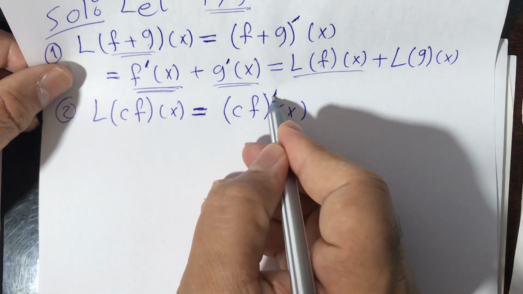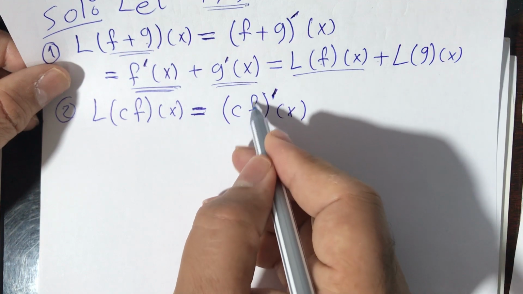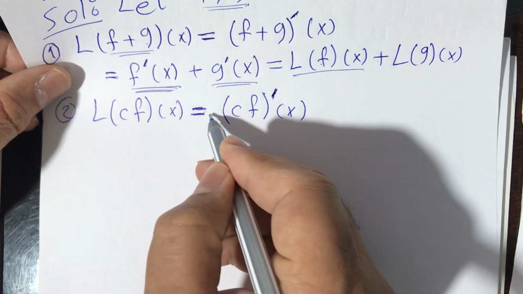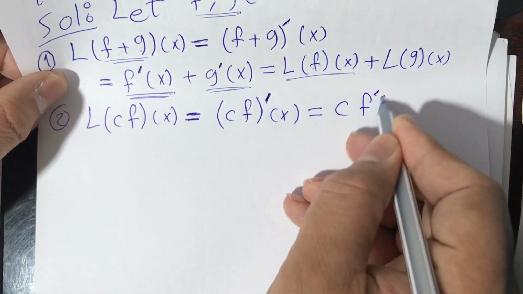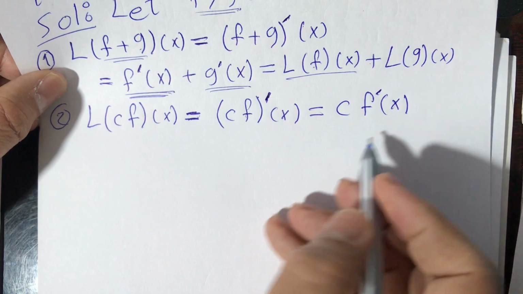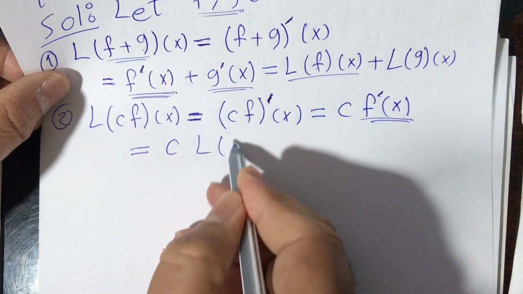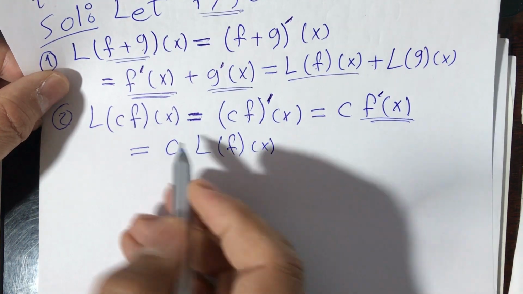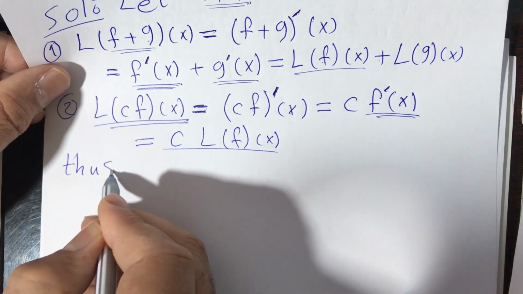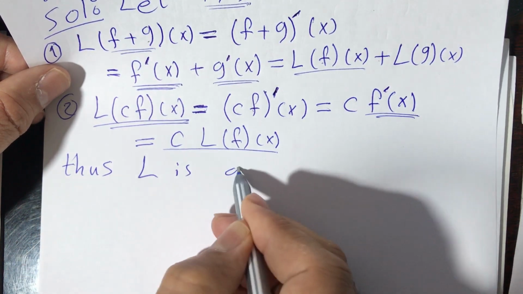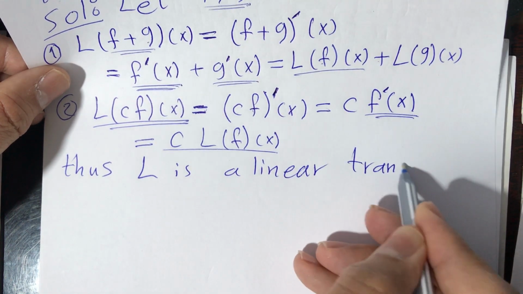From calculus, we know the derivative moves out the constant, since this is a function and this is a constant. This is equal to c f prime of x, which is c times L of f of x. So we satisfy the second condition. Thus L is a linear transformation.